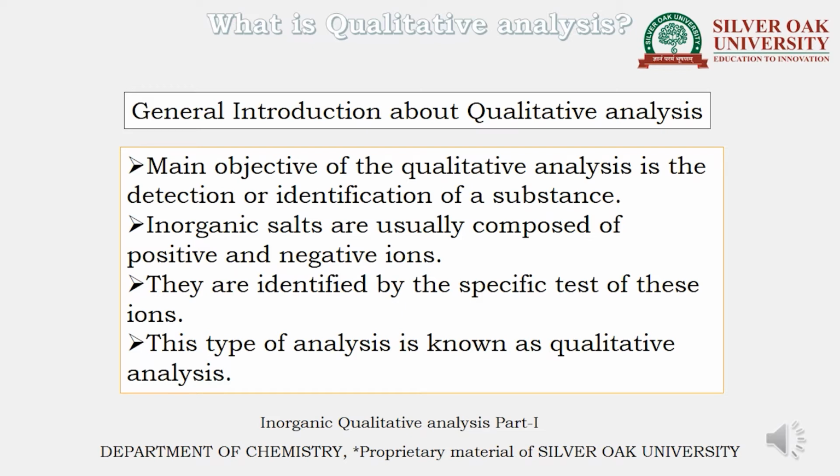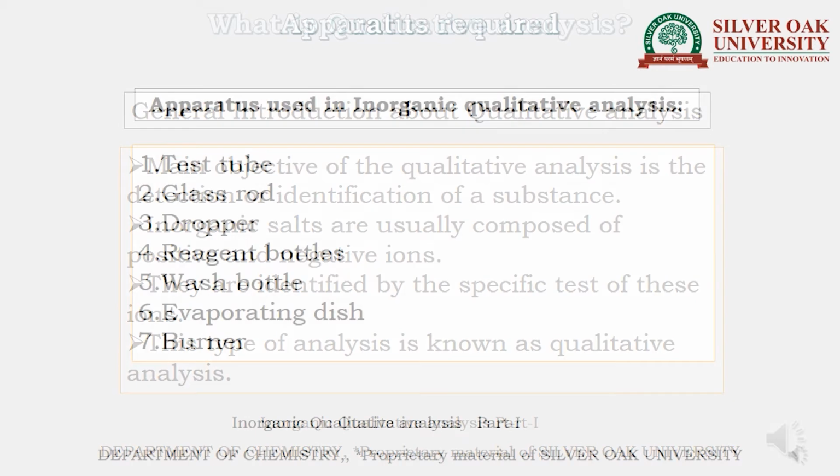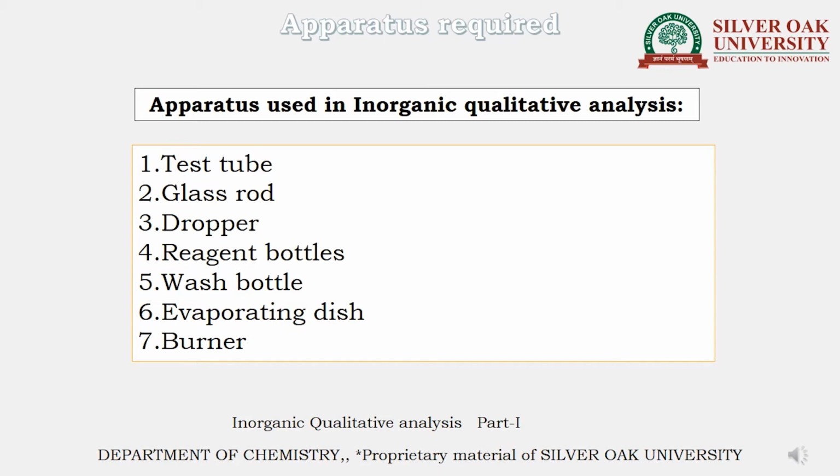These cations and anions are identified by specific tests, and this type of analysis is known as qualitative analysis. Apparatus used in inorganic qualitative analysis are test tube, glass rod, dropper, reagent bottles, wash bottle, evaporating dish, and Bunsen burner.